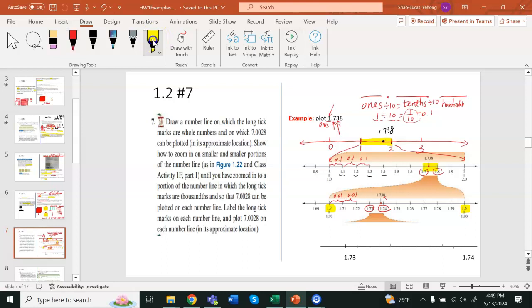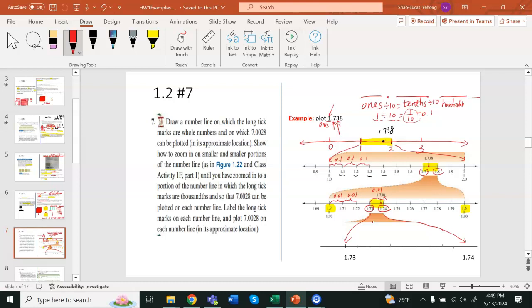So we need to again work on this little section, zooming in again, make it bigger. So we zoomed in right here. Again, this little section represents a hundredth.